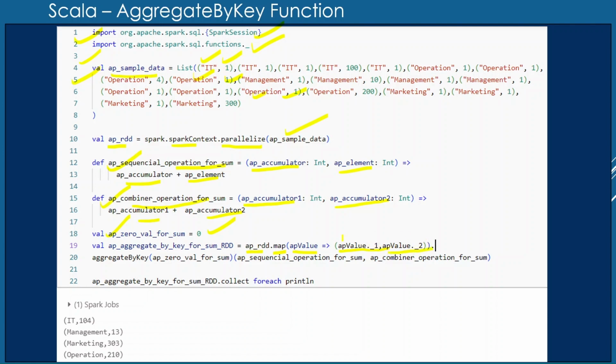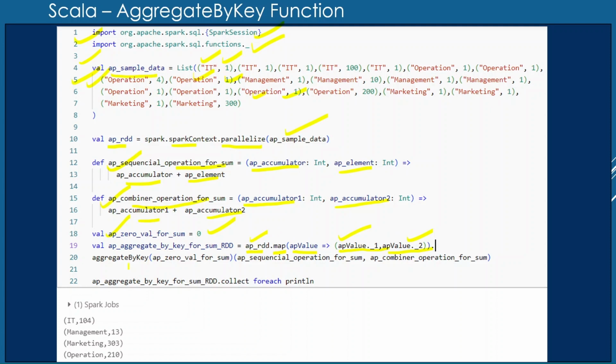Underscore 1 is nothing but the key, and underscore 2 is the value. We have stored the data in the list as key and value pairs, so here we are just getting it and returning key and value from this RDD.